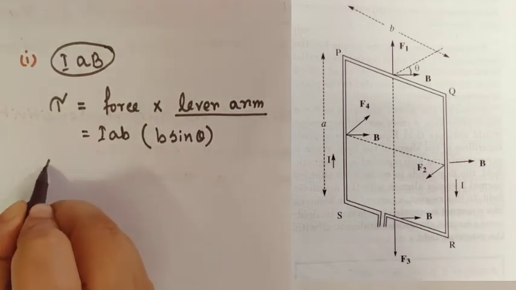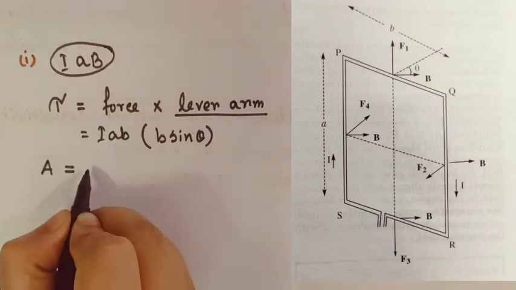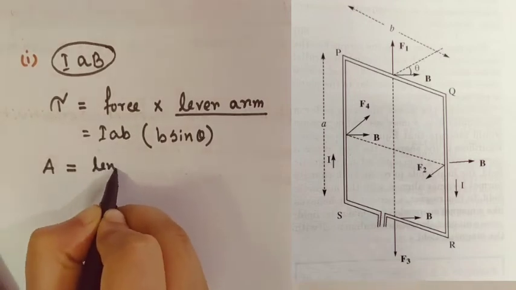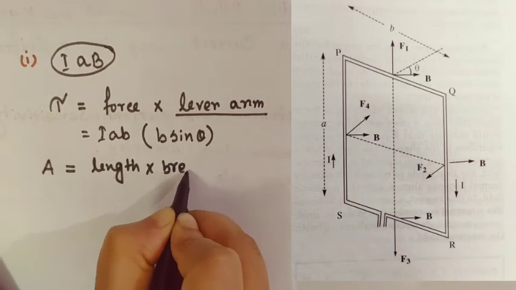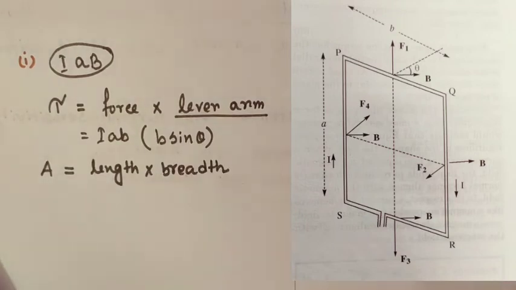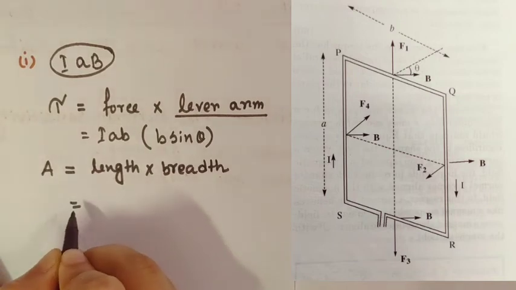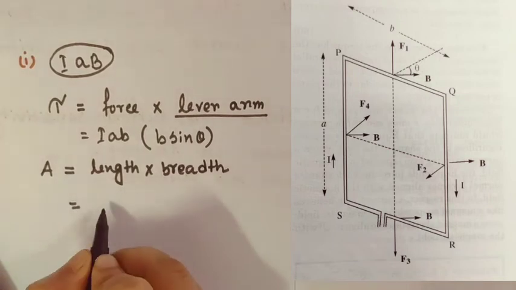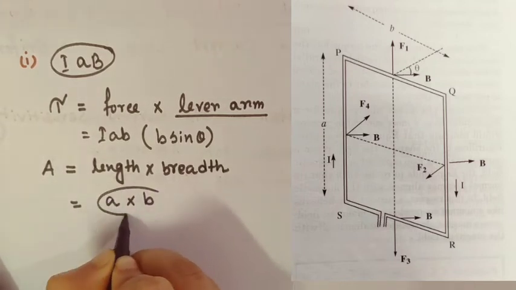Now what we know, the formula for area of a rectangle is length into breadth, right? So from this figure, what is our length? Length is a, breadth is b. So a into b means area.